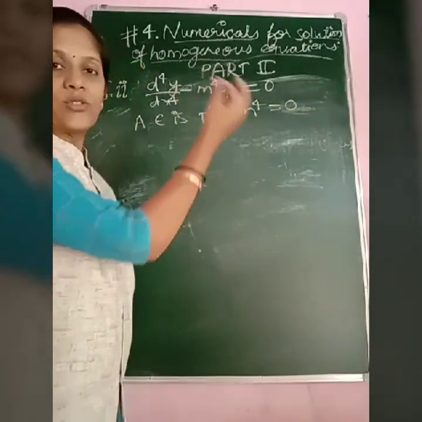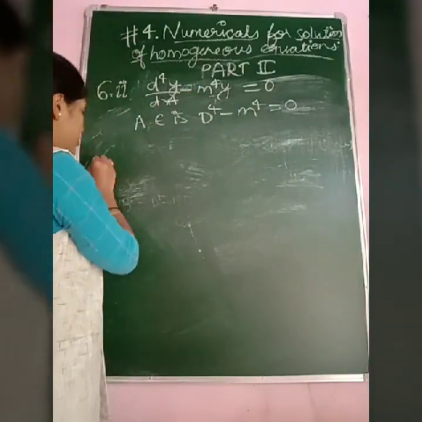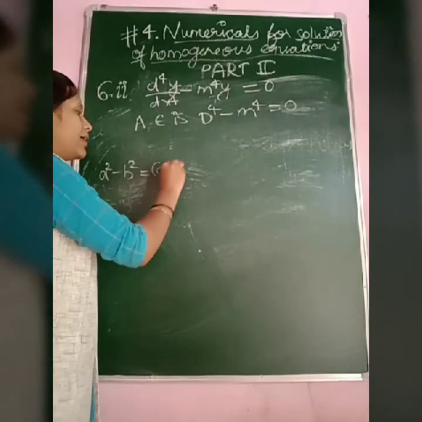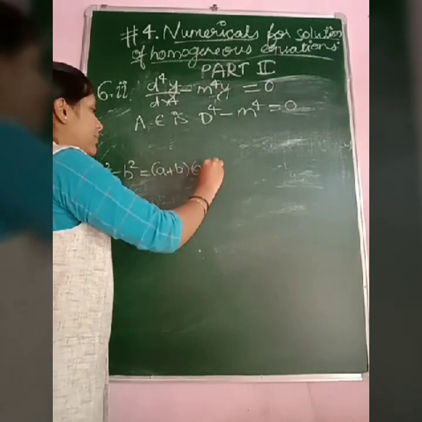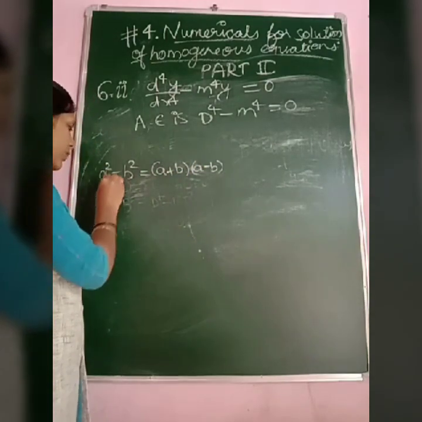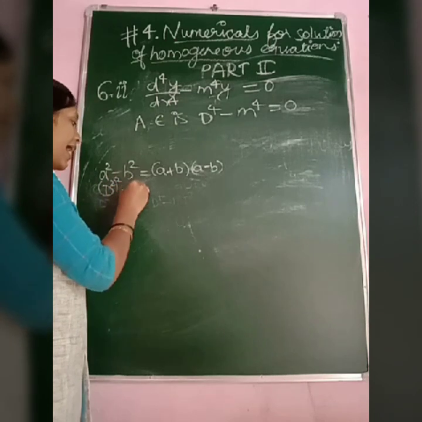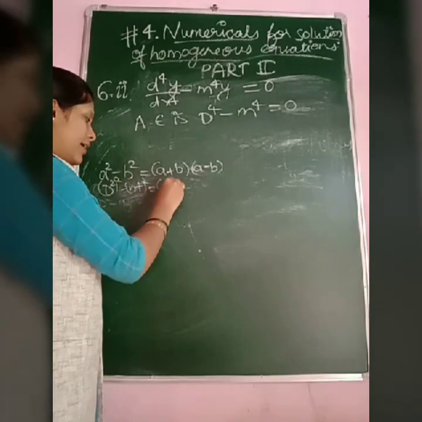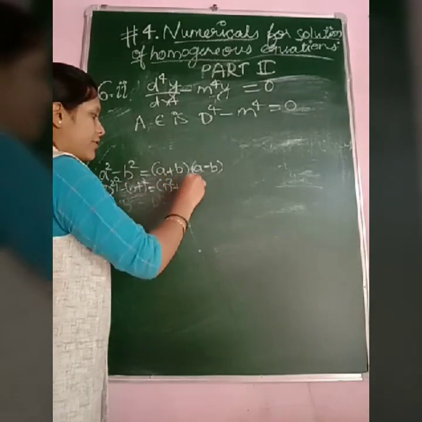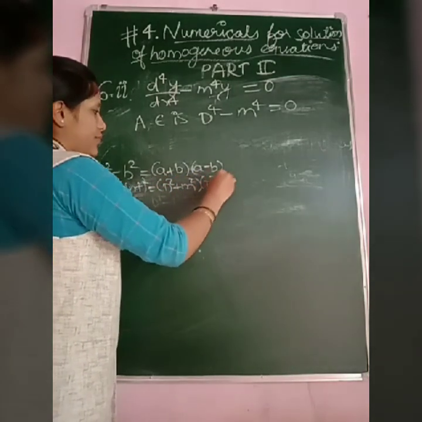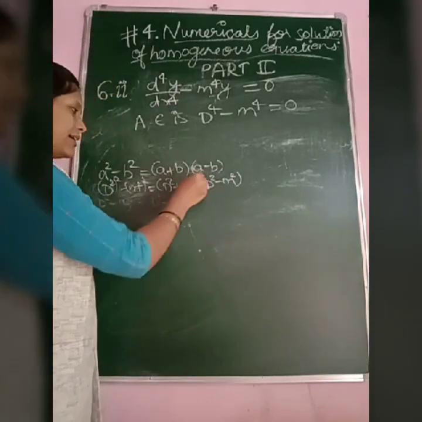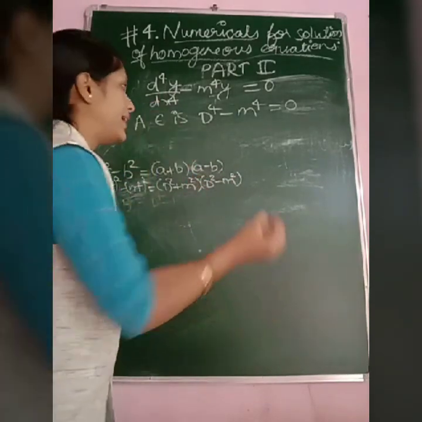Now this is (D squared) squared minus (m squared) squared. Already we know a squared minus b squared is (a plus b)(a minus b). So D raised to 4 minus m raised to 4 can be written as (D squared plus m squared)(D squared minus m squared). Further, D squared minus m squared can be written as (D plus m)(D minus m).